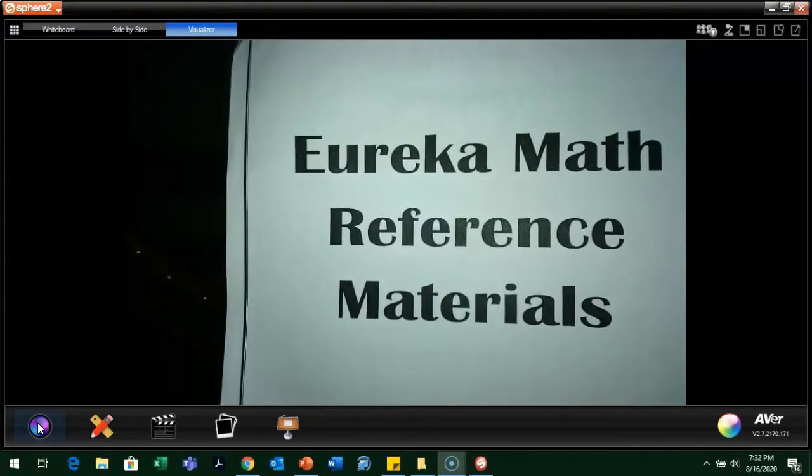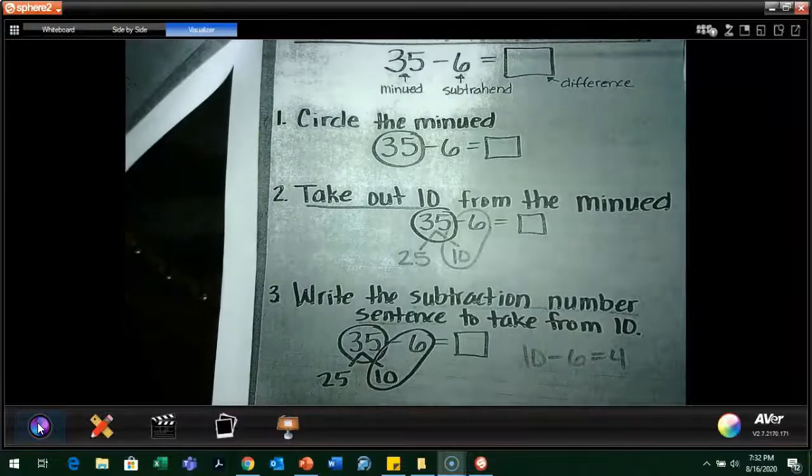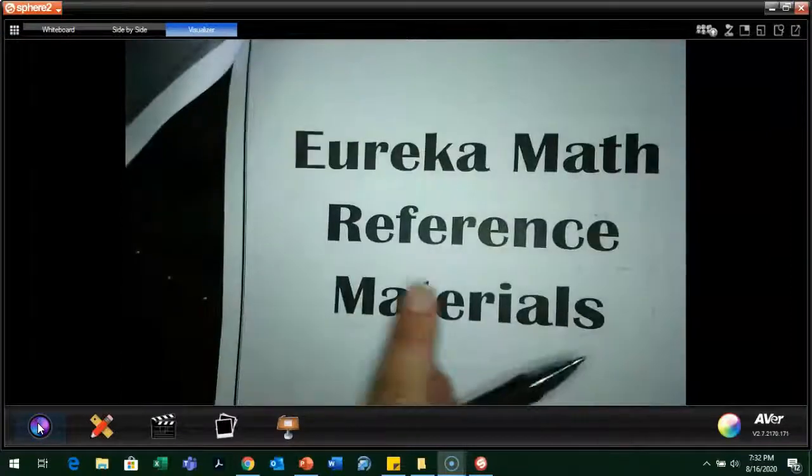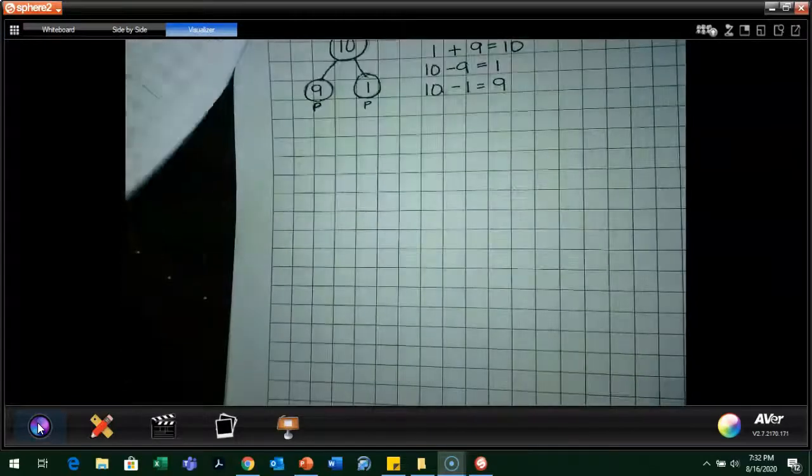What you're going to do now is open your packet. We're going to start flipping it all the way to where it says Eureka Reference Materials. Once you're there, go to a new page. I'm going to give you 5 seconds to be there. 5, 4, 3, 2, 1, and 0.